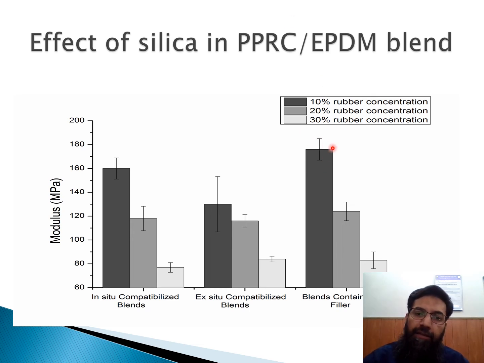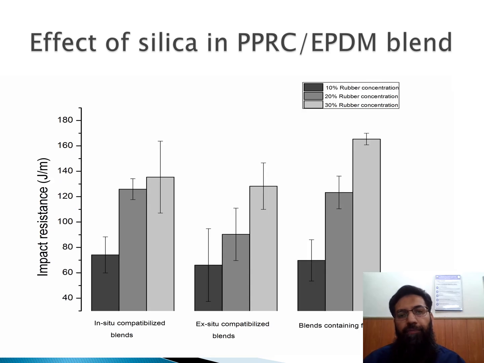Just like you can see here, the compound having 10 PHR of the rubber content in the PPRC, with silica up to 5% loading, gives us better performance as compared to the non-reinforced compound having no loading of the silica. Similarly, with the increase in the rubber content, a similar trend we get: the modulus increases as we incorporate the silica as the nano-filler in our compound.